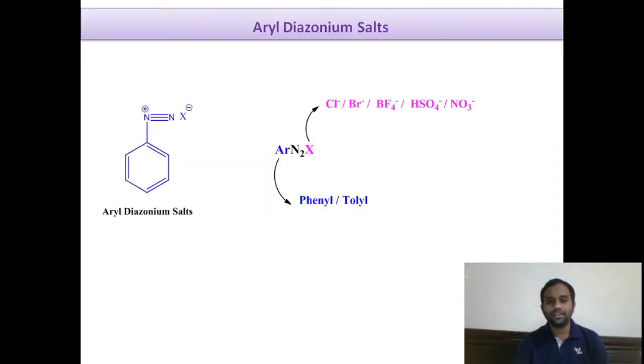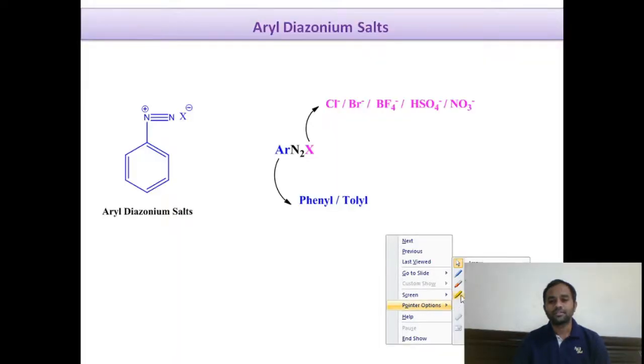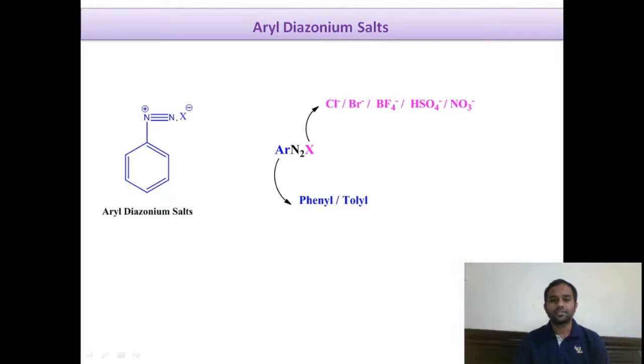Coming to the definition, aryl diazonium salts are characterized by the presence of a diazo group, that is the N2 group, on the benzene nucleus. You can see here, this is the N2 group, the diazo group, which is bonded directly to the benzene nucleus.